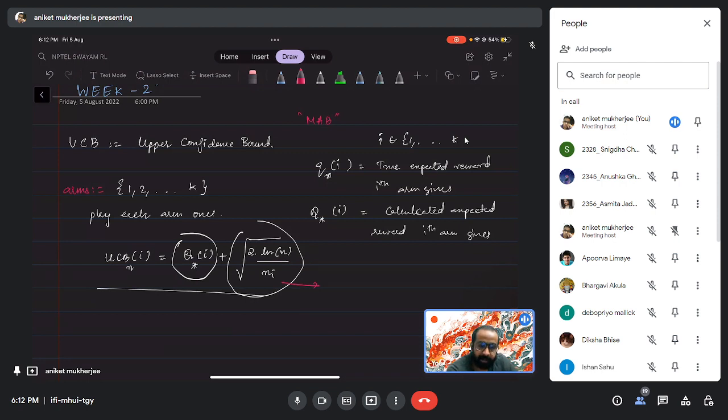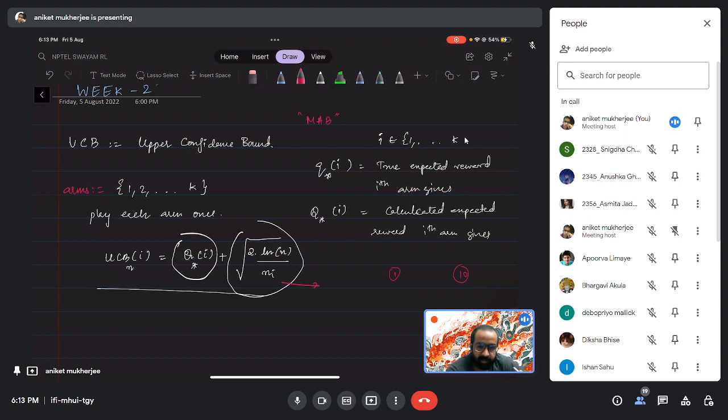The more times you have sampled it, the closer it is to its true value. Suppose you have sampled one time, and its actual reward is 1. But because the reward is random and could have a Gaussian, the instant you sample it, it gives you a reward of 10.